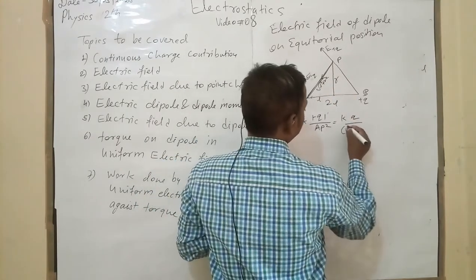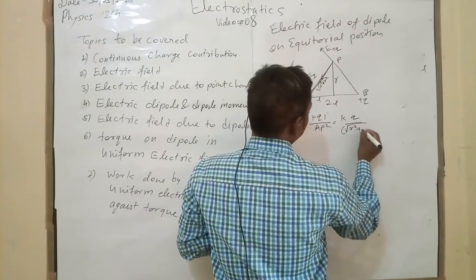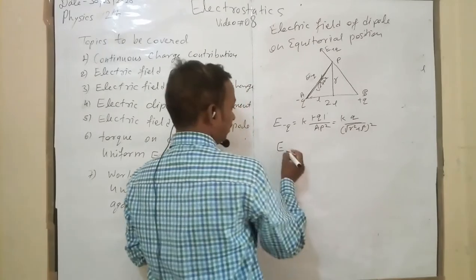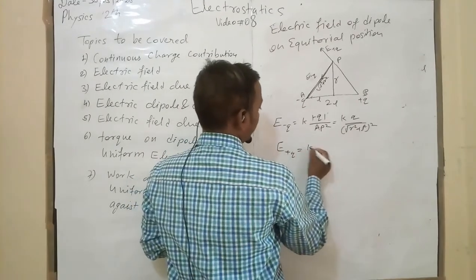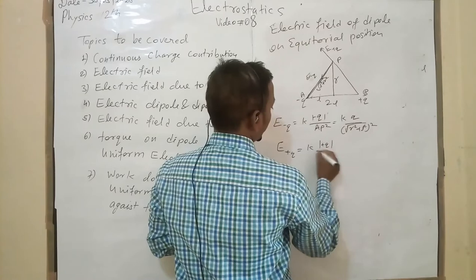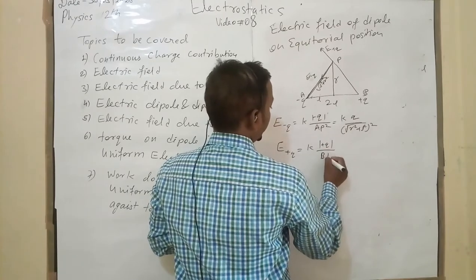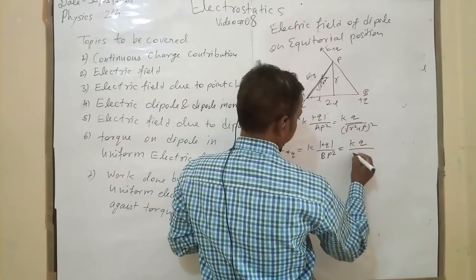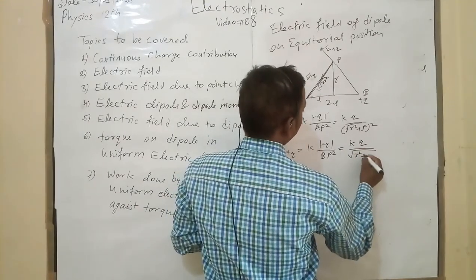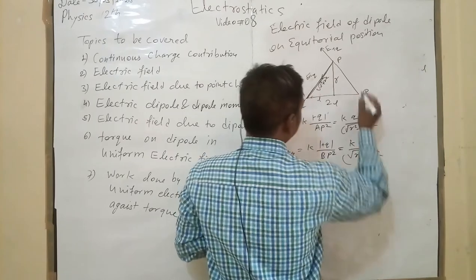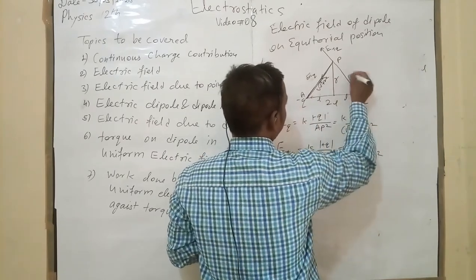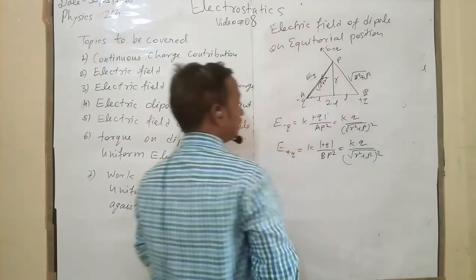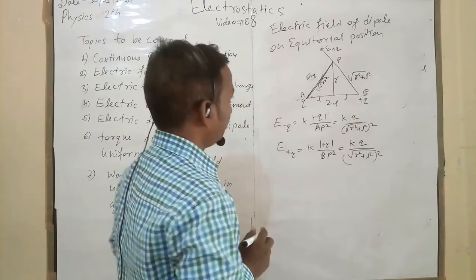So E minus Q is K times Q upon (R square plus L square). Now electric field due to plus Q is K times plus Q upon BP square, that is K times Q upon (R square plus L square). See, under root R square plus L square is the distance BP.